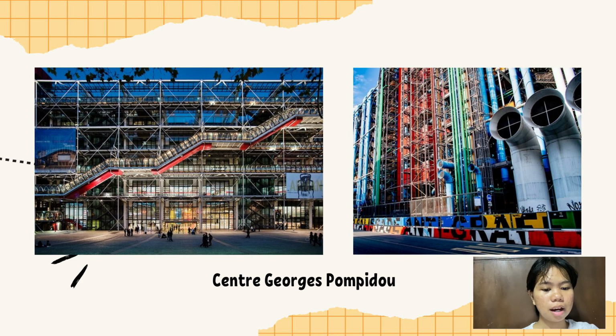So as you can see in the building's facades or its elevations, you can see a lot of tubes. It has color codes, you could see a blue, a yellow, a green, and then a red. But it's not there only for its aesthetics.